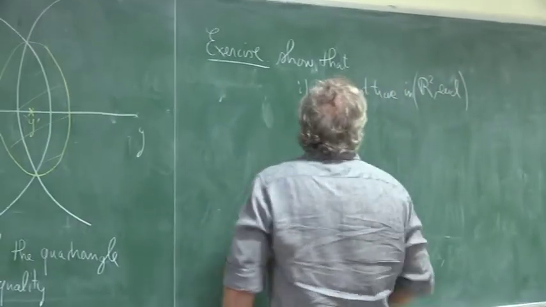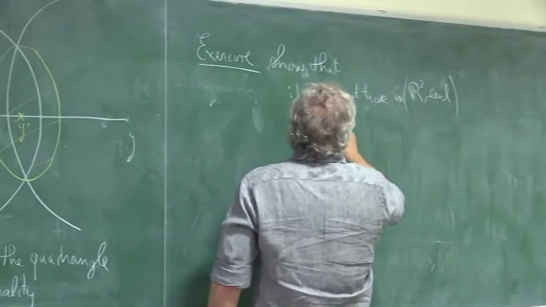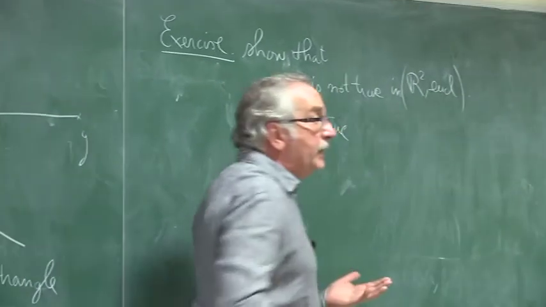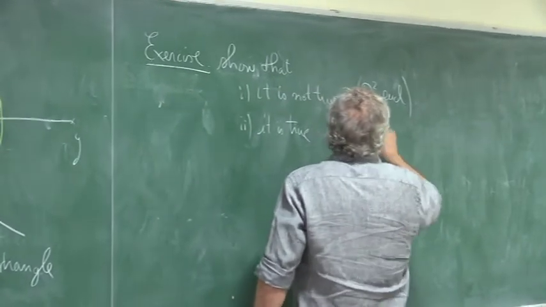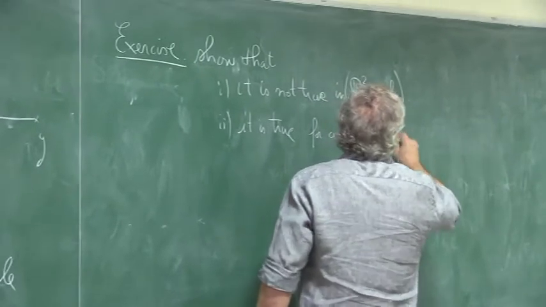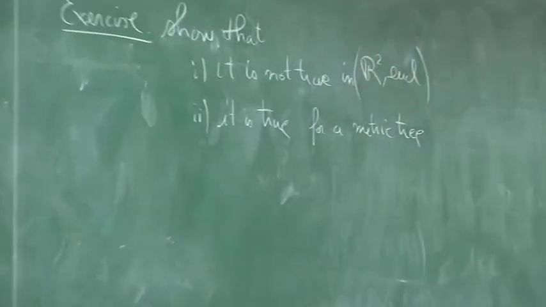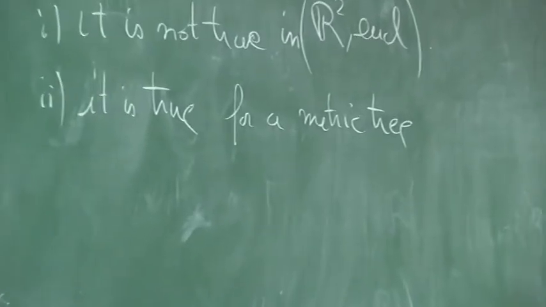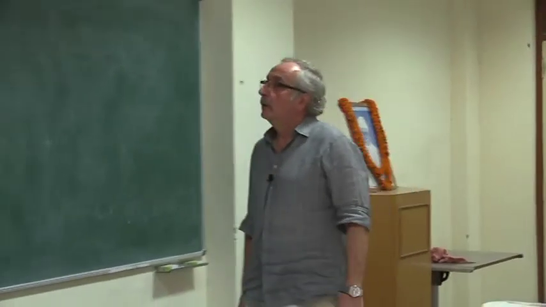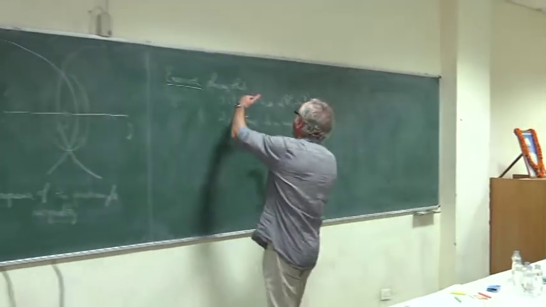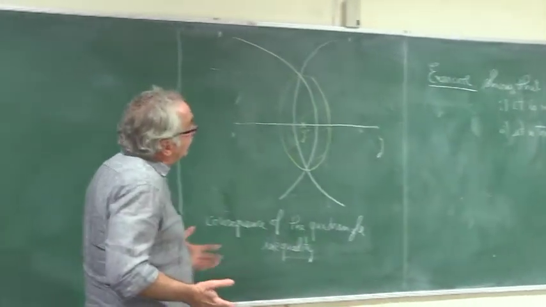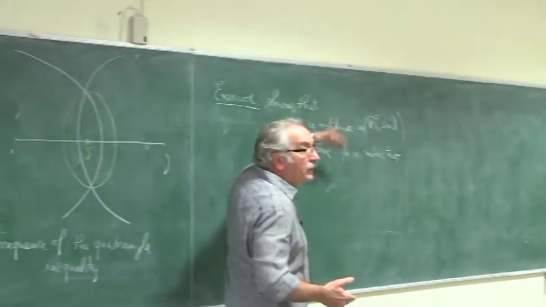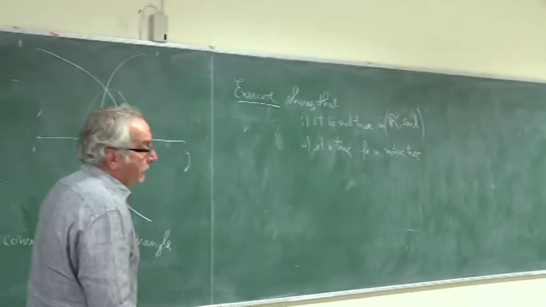And secondly, show that it is true for the other space that we have been looking at yesterday, for a metric tree. This is an easy space, and do the same thing as what I did yesterday. You decide that the edges are isometric to the interval [0,1]. These are always the two extreme cases, and anything which is true for a delta hyperbolic space, you should first start to test it on these two cases. It's easy to do, right?